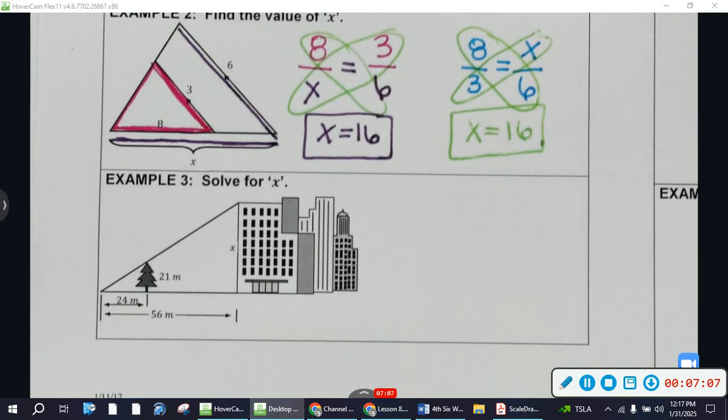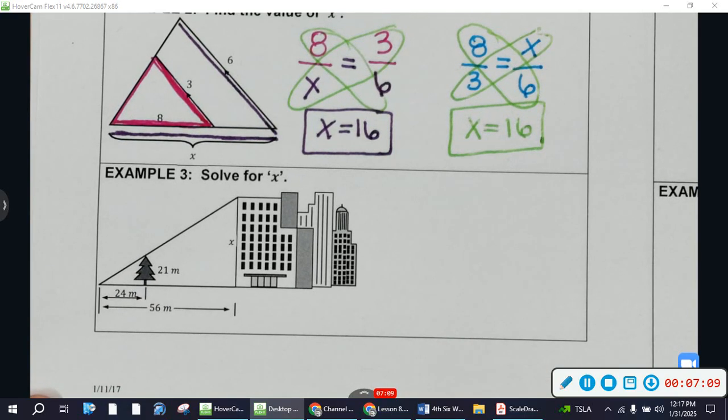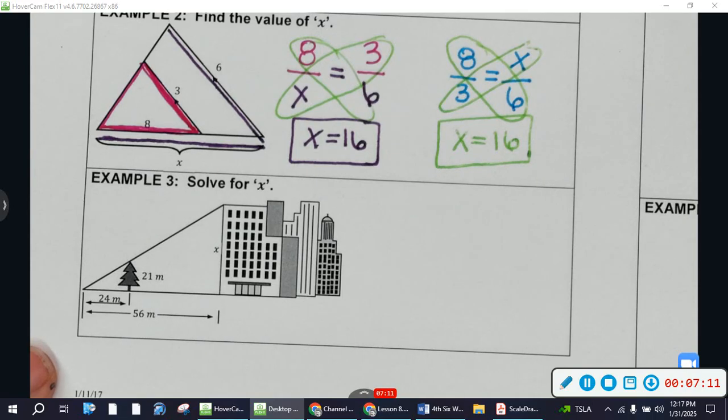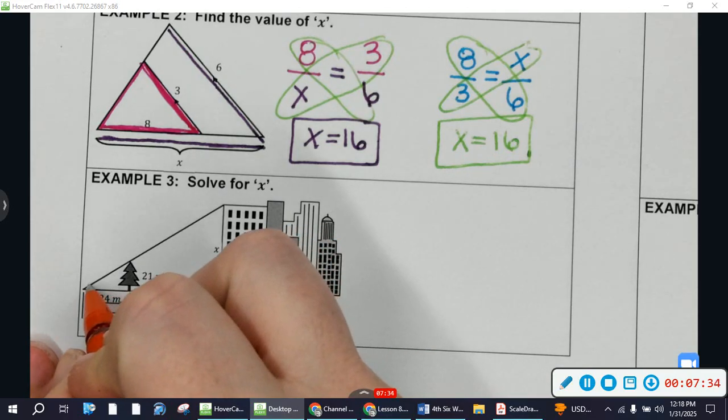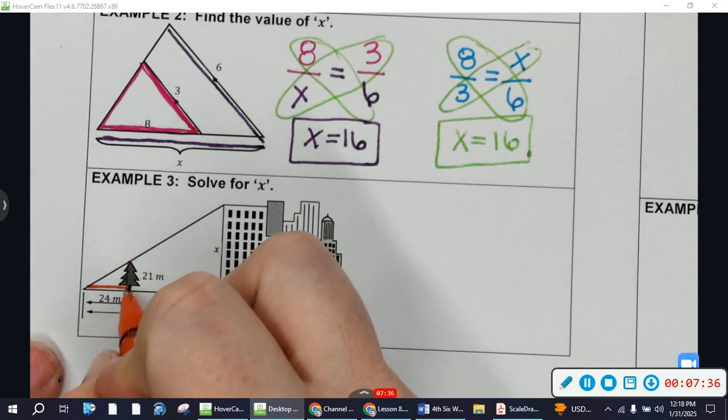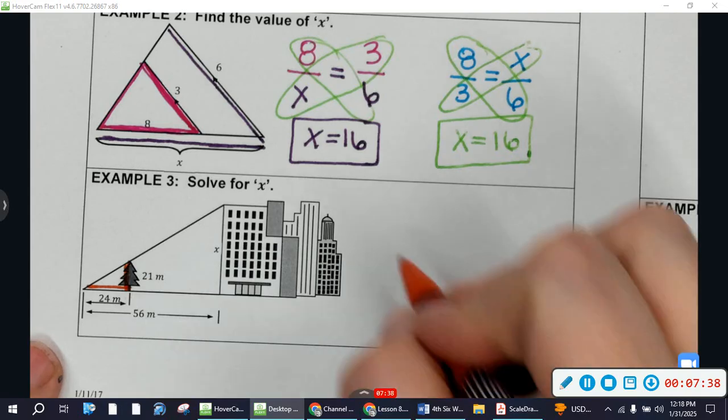So here is our real life scenario. We know that maybe you're standing 24 meters away from this tree, and that tree is 21 meters tall. Now you are 56 meters away from this building, and we want to figure out how tall that building is. So I'm going to set up a proportion, and we'll say base is to height as base is to height.